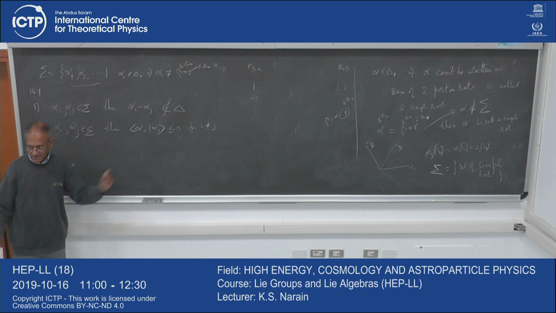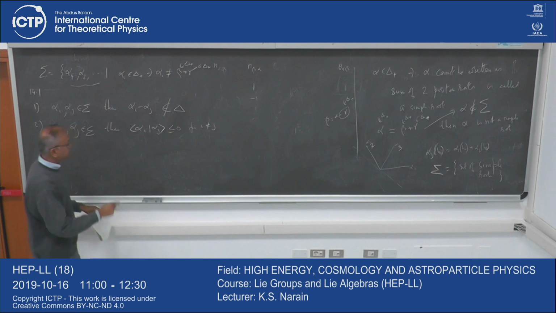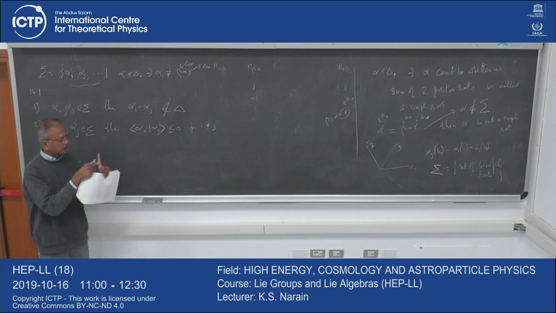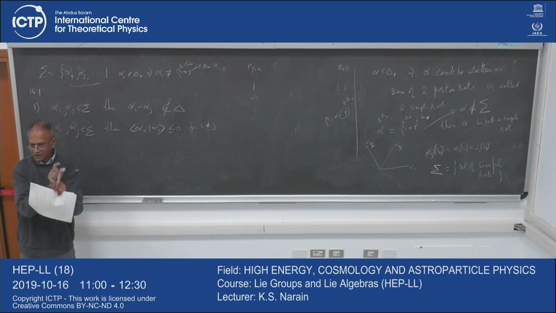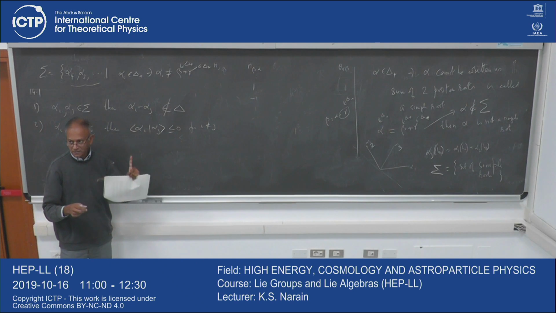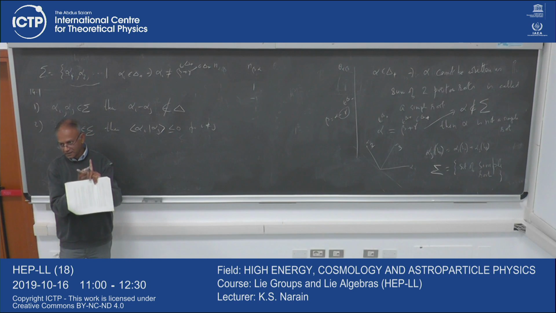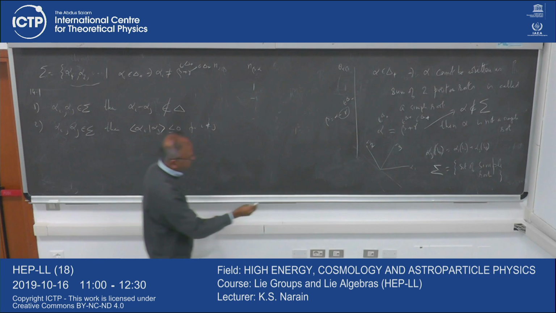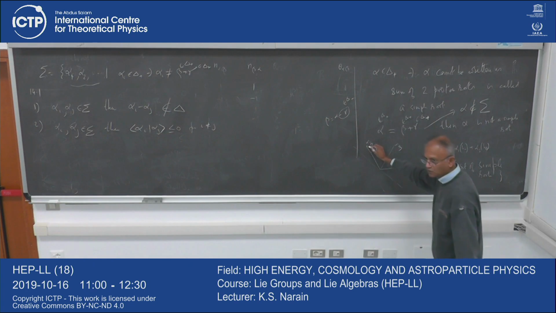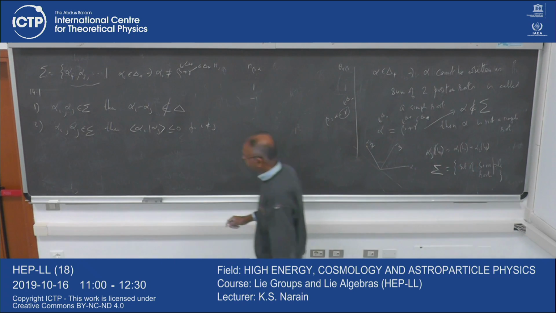But for any two different ones, the dot product is negative or zero. Thinking of these as vectors, it will be the product of the norms times cosine theta. Zero means orthogonal, but negative means an obtuse angle, greater than 90 degrees. That was the case here: alpha 1 and alpha 2 were the simple roots, and this angle was 120 degrees, so it was negative.